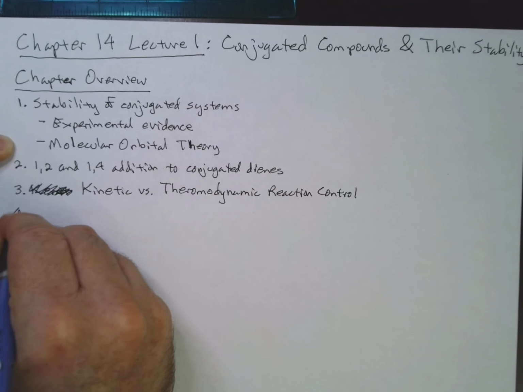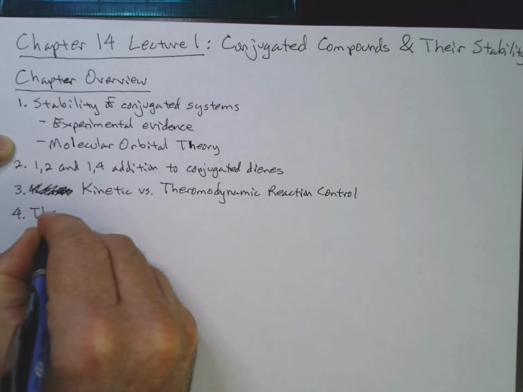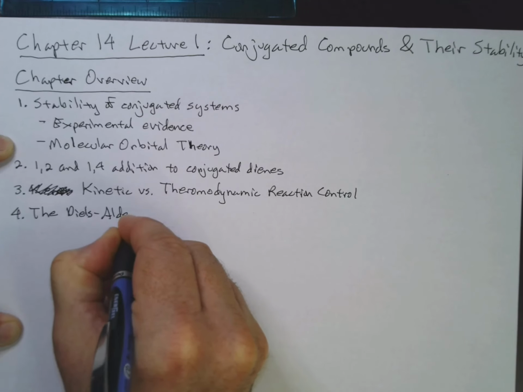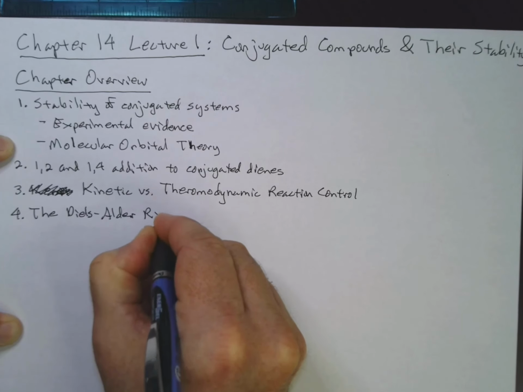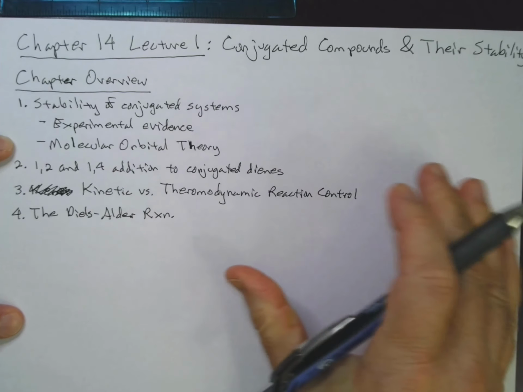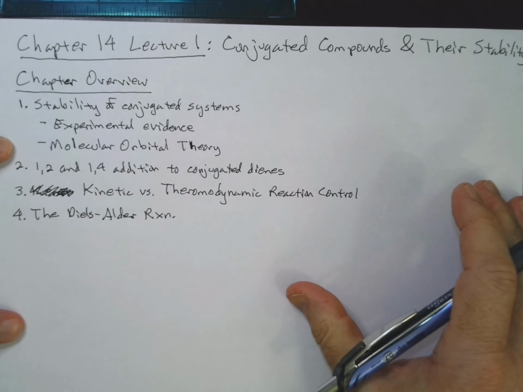And then we'll wrap up looking at the Diels-Alder reaction, which is a particular reaction involving conjugated dienes.